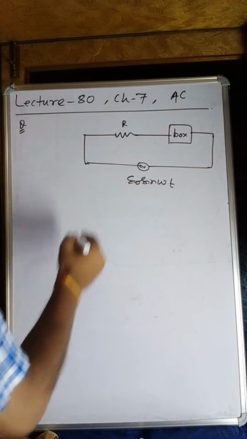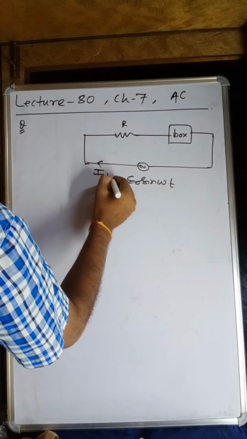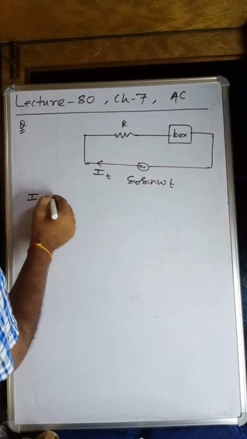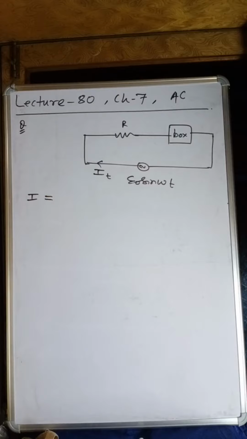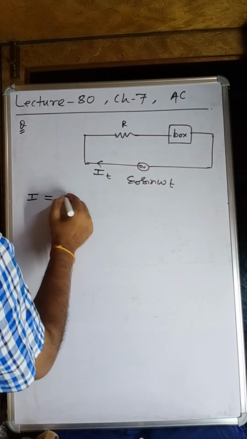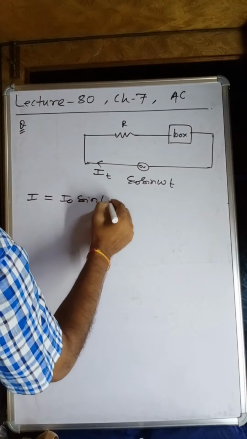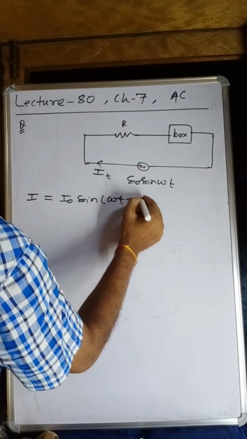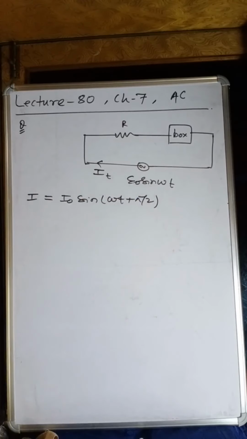Here the instantaneous current obtained is given as I0 sin(omega t plus pi by 4). Okay, my dear students, it is plus pi by 4.